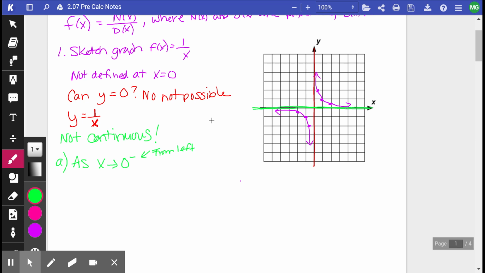So hop on your graph on the magenta, hop on and follow your graph towards the red line. As you get towards the red line, it's going down, down, down. So as x approaches 0 from the left, your f of x approaches negative infinity. So it's decreasing.